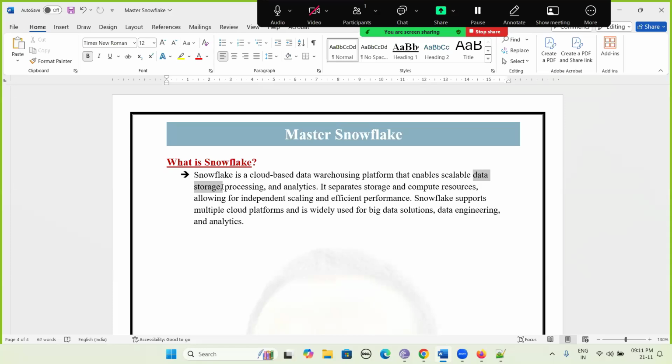How is it supporting unlimited storage? In the backend it uses cloud storage, and it is mainly used for storing huge volumes of data, for data processing and data analytics purposes. In the backend, it uses three different clouds: AWS cloud, Azure cloud, and GCP cloud. We can choose whichever data warehouse we want.